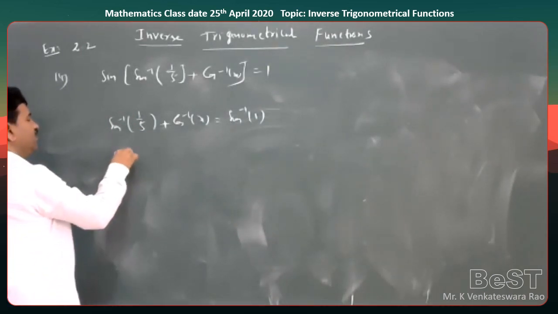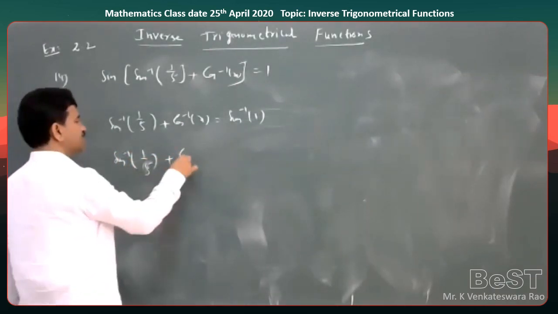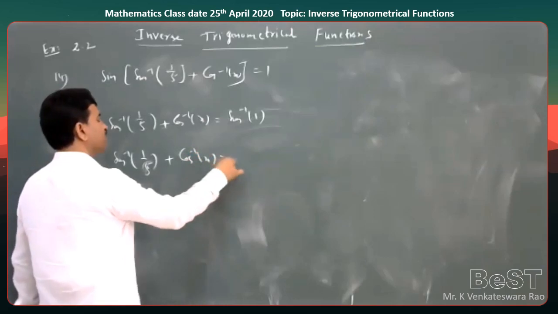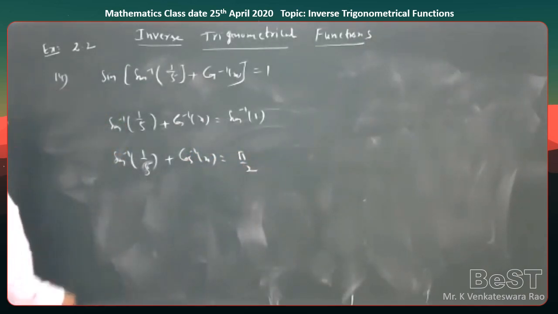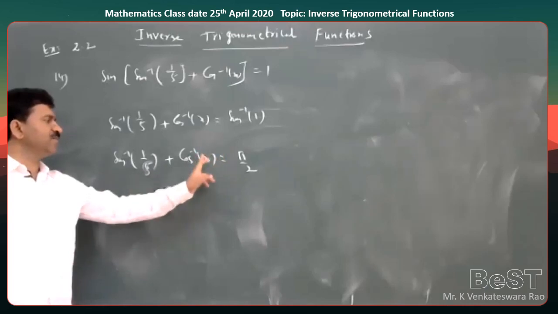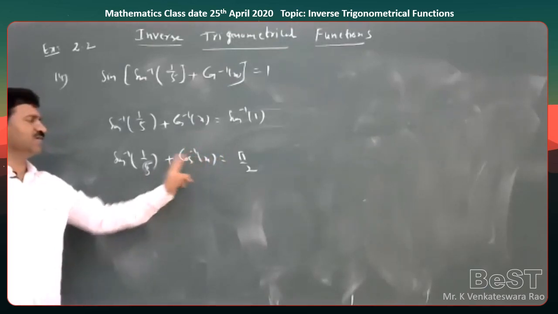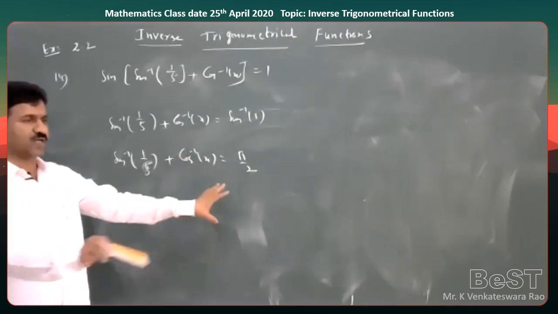So sine inverse of 1 by 5 plus cos inverse of x is equal to pi by 2. Here also you can tell the answer. Sine inverse of x plus cos inverse of x is pi by 2, which means the x value must be equal. X is equal to 1 by 5. For a 1 mark question, here you can finish the solution.